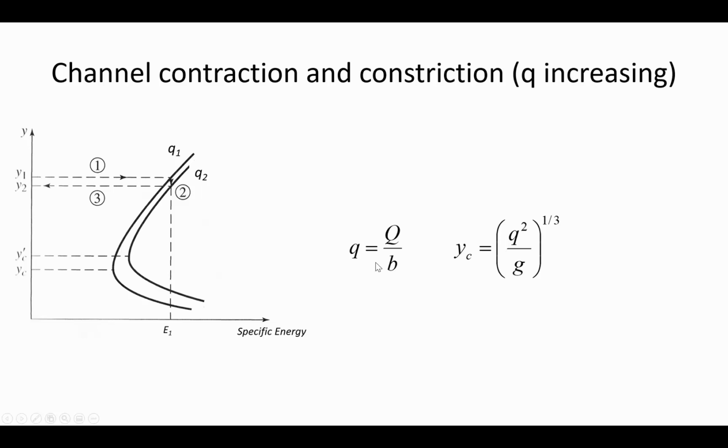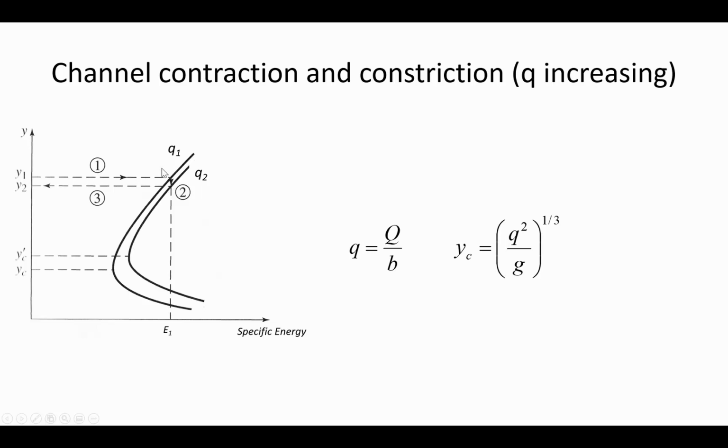That means the critical depth will be higher, and the critical depth being larger means the specific energy at the minimum is larger than it was before. So here's curve 1, which was when the channel was wide. If you make the channel narrower, then that shifts the specific energy diagram up and to the right. So that's what we talked about before.